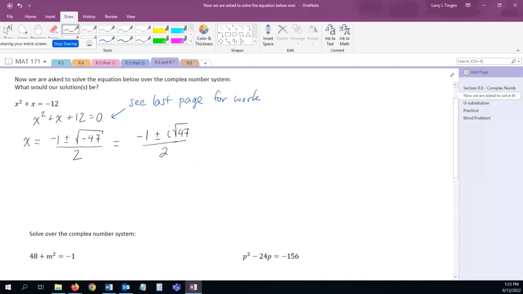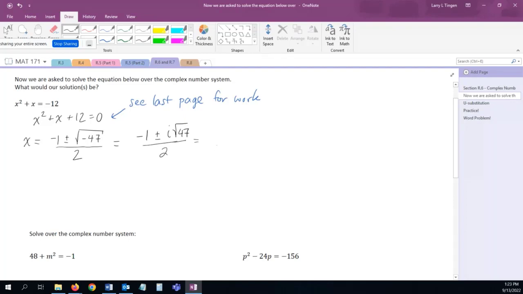2. Okay, so what are my solutions? 47 is prime. It doesn't have any factors other than 1 and itself. So what I'm going to do, and you haven't seen me do this before, is I now have a complex number that has a real part and an imaginary part. I have addition, subtraction over a single division.